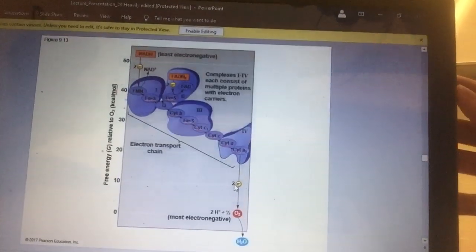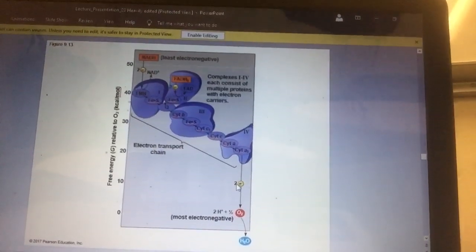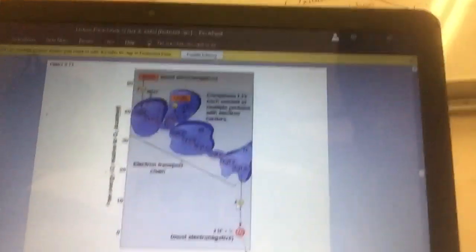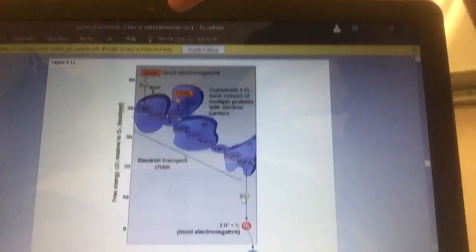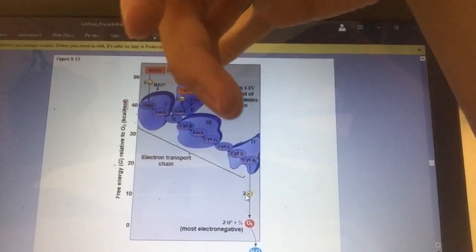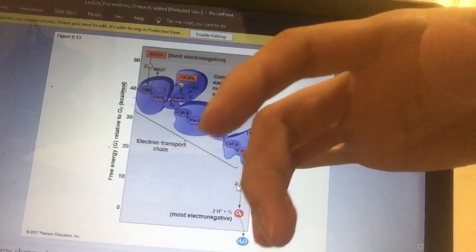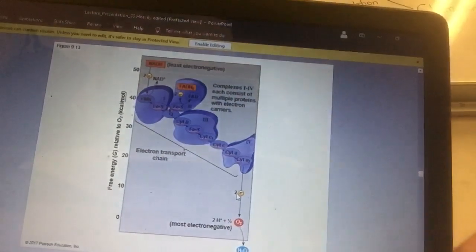And I'm gonna show a visual of what that looks like. So right here, these are the molecules that the electron goes through, and it's gonna start off from the least electronegative down to a more electronegative electron carrier, and that's why it's flowing down the chain.